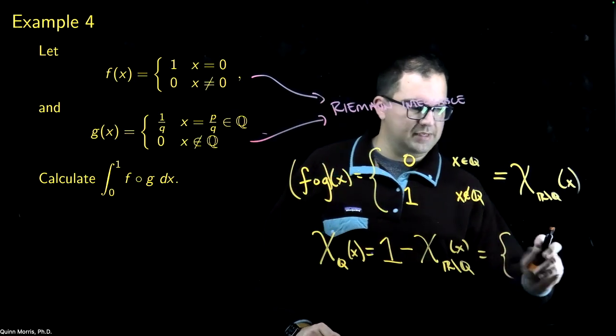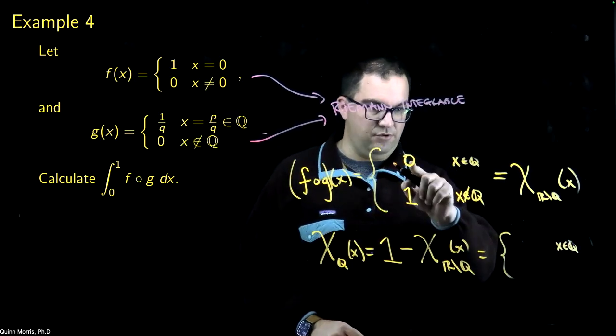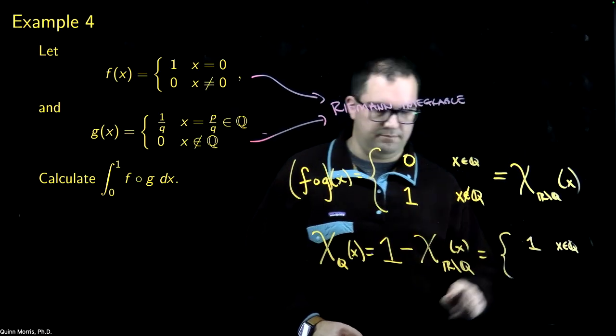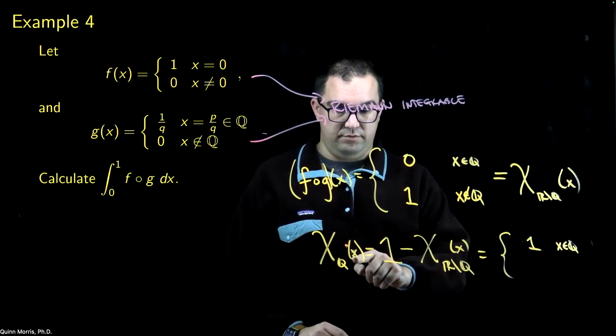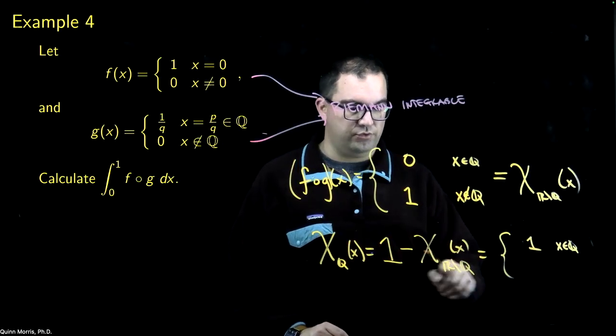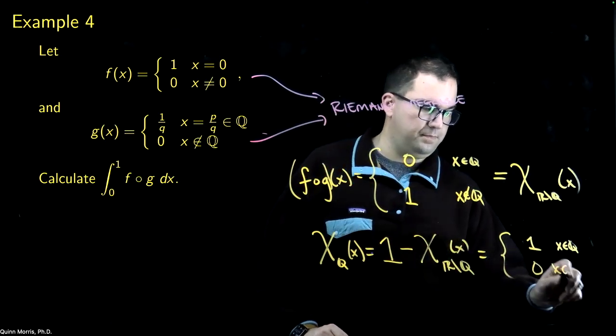So if x is rational, I would get 1 minus 0, which would be 1. If I plugged in an irrational number here, I'd get 1 minus 1, which would be 0.